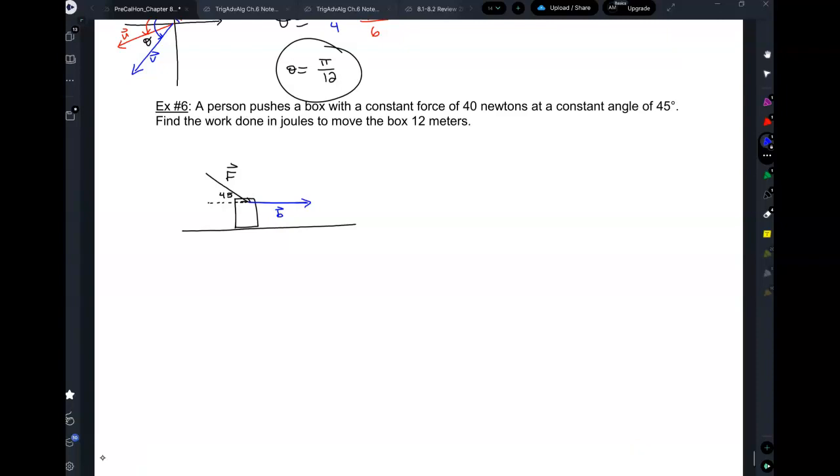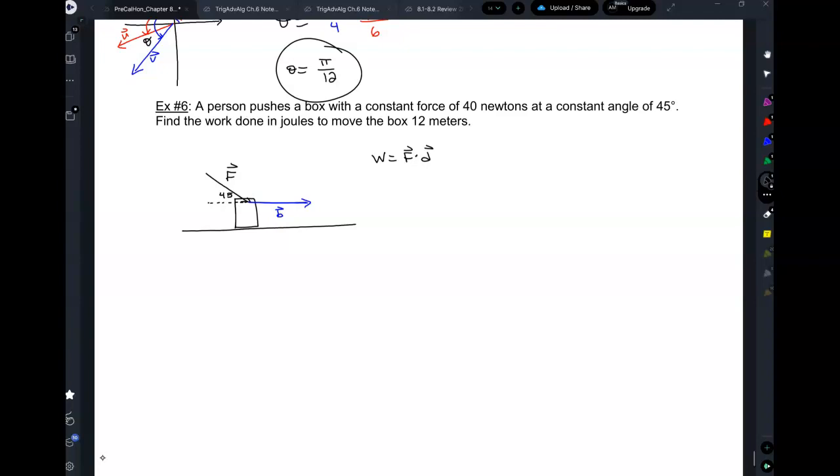It's horizontal, yes? So the work done is force times distance. But really, work is a scalar quantity, and it's force dot distance, F dot D. That means you have to take the magnitude of the distance vector times the horizontal component of the force, right?